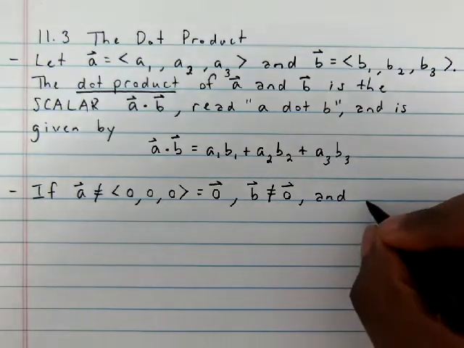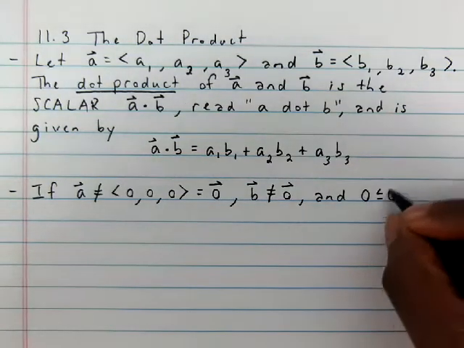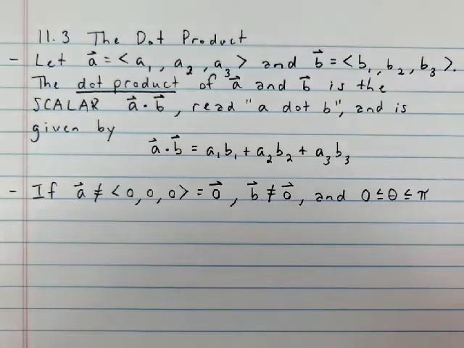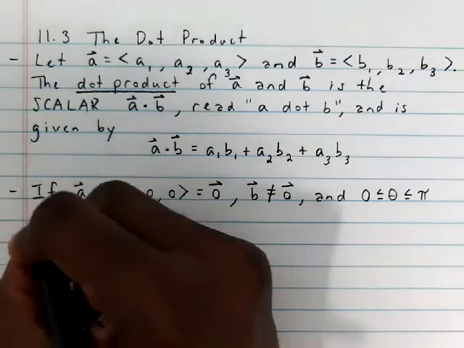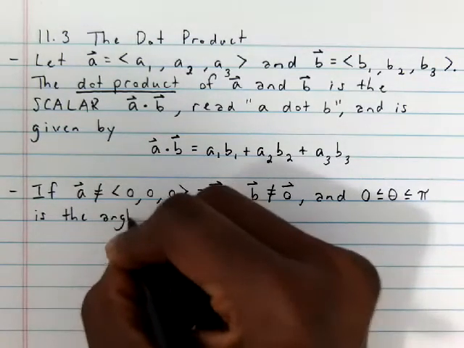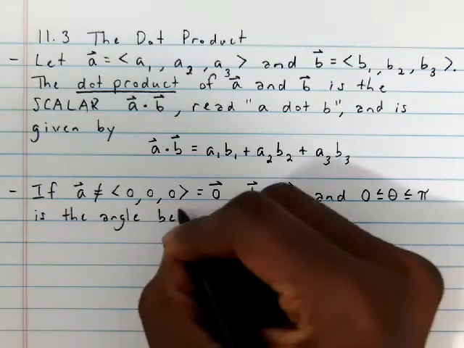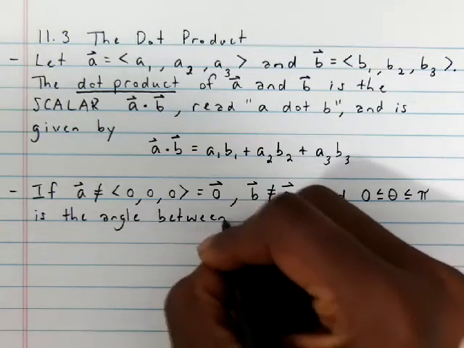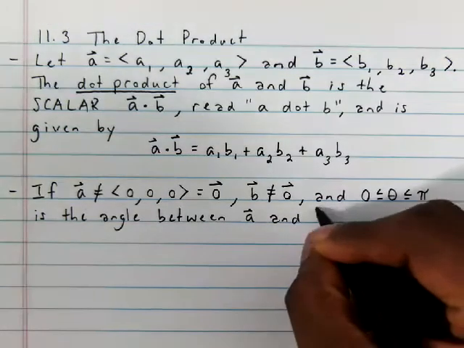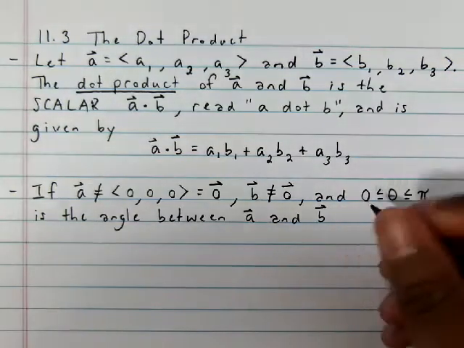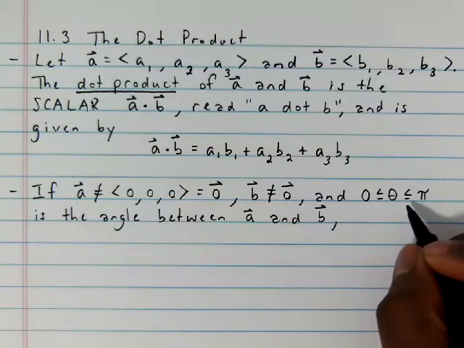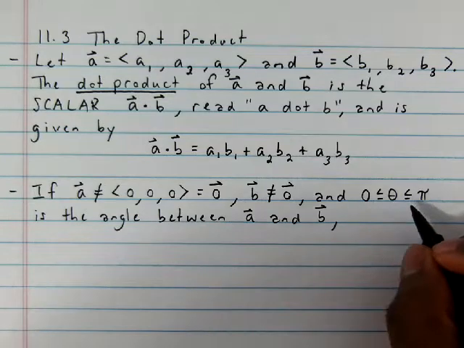And theta between 0 and pi is the angle between A and B. And I'll talk about in more detail what I mean by the angle between A and B.